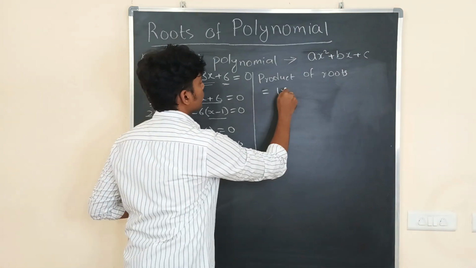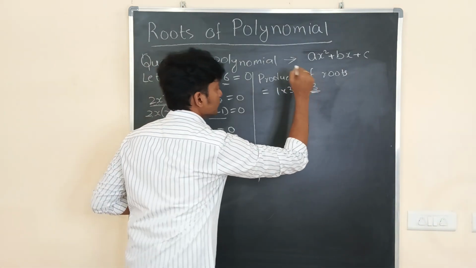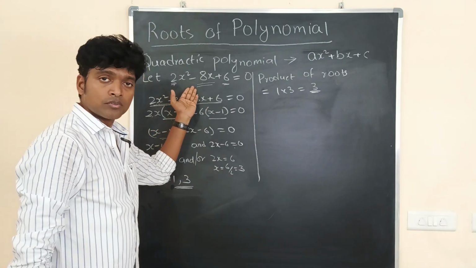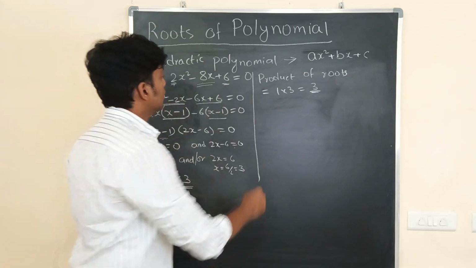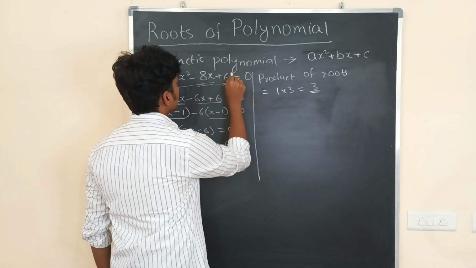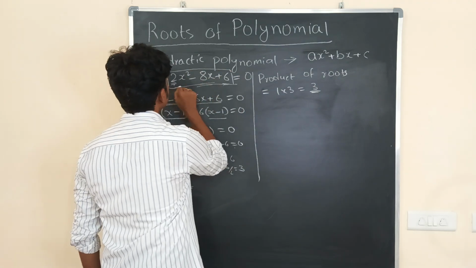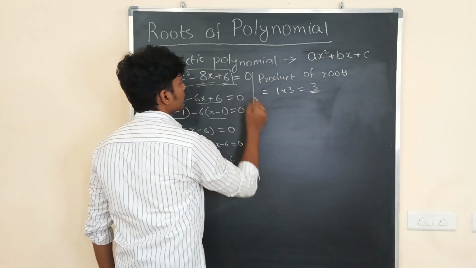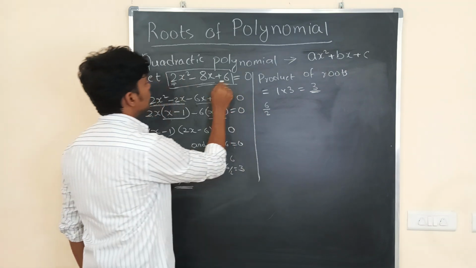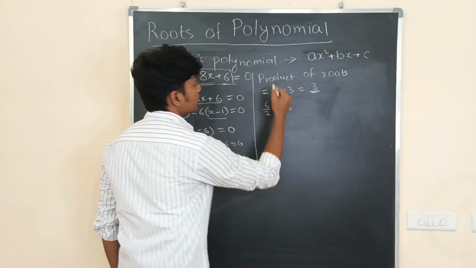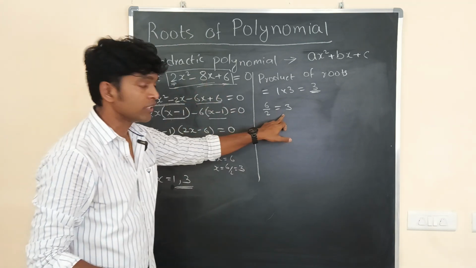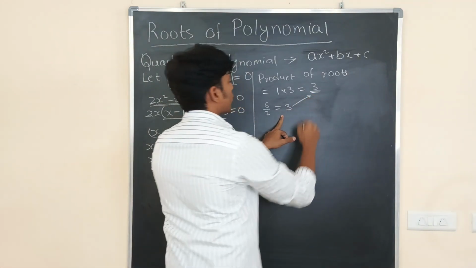So 1 into 3, that is 3. Now examine this one. This is the equation. Here 6 by 2 is equal to 3. Have you got it now? 6 by 2 is equal to 3, which is the product of the roots.